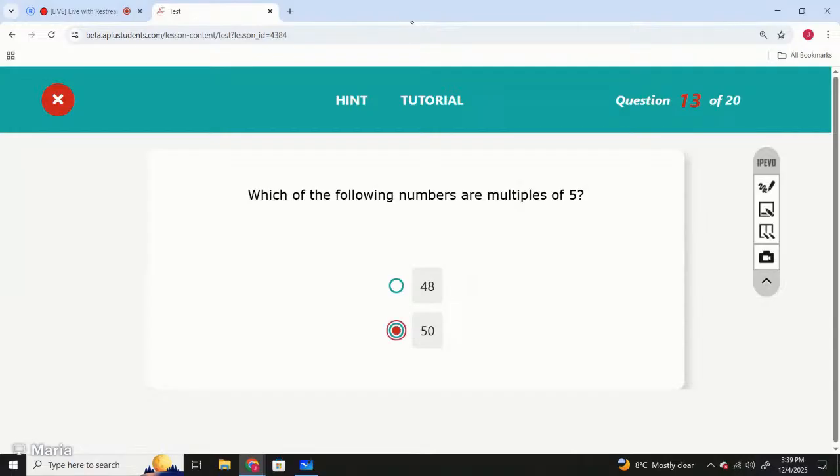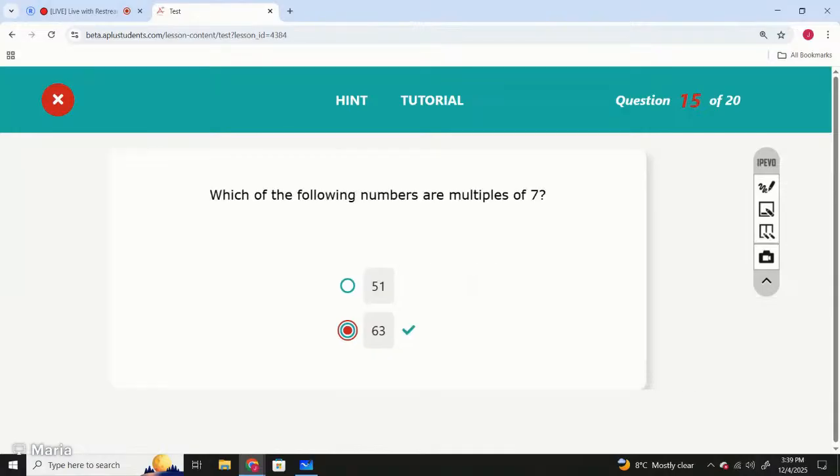Option number 2 is the correct option. Which of the following numbers are multiples of 7? The multiple of 7 is 63. Option number 2 is the correct option.